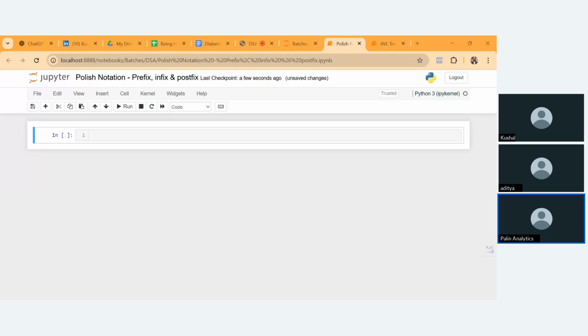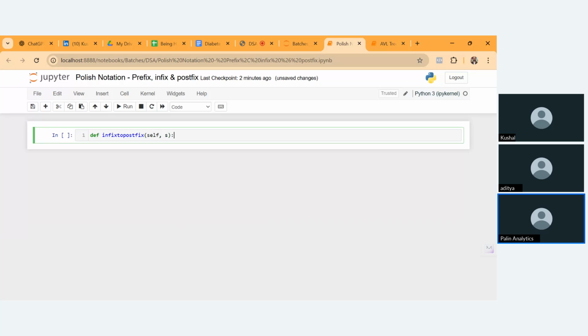Okay, let's make it. So, for example, if now we have to convert from infix to postfix, we'll define infix to postfix. We'll make this program, and here I'll call this self.